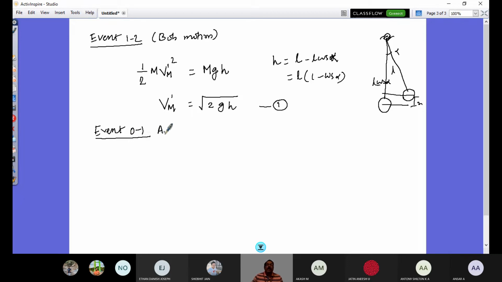So here, what am I going to do? Apply conservation of momentum and the definition of coefficient of restitution. So applying these between this event, I would be able to write what my initial momentum is just before the hit.